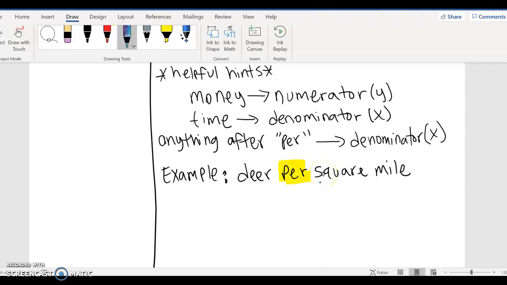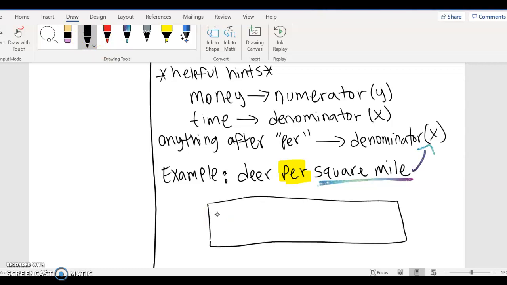And right behind that word per is square miles. So that tells me, as we said up here, anything after the word per is going to be our denominator or our x value. So we're going to create a table based off of information from a word problem. We now know that miles is going to be our x value because it came after the word per. That means deer is going to be our y value.